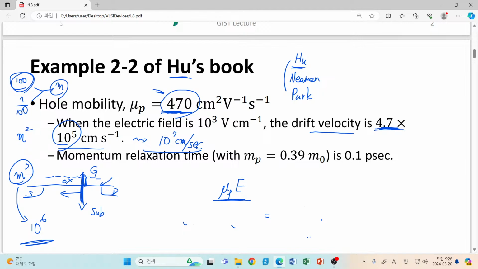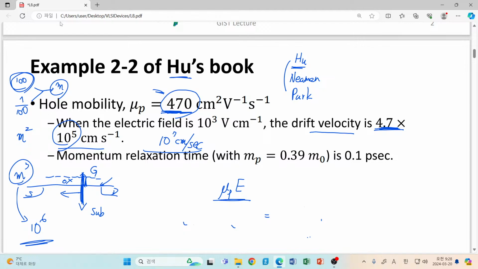Of course, here we have a leading number. However, this leading number is really close to 1. So we cannot achieve, for example, 2 times 10 to the 7 or 3 times 10 to the 7. It is very difficult to get that in a semiconductor.